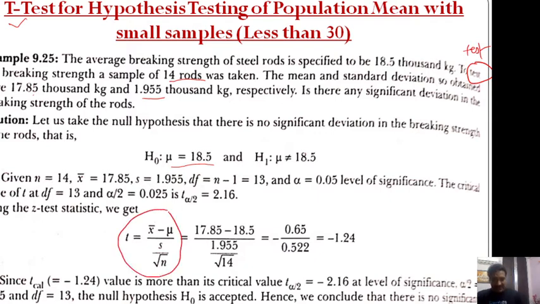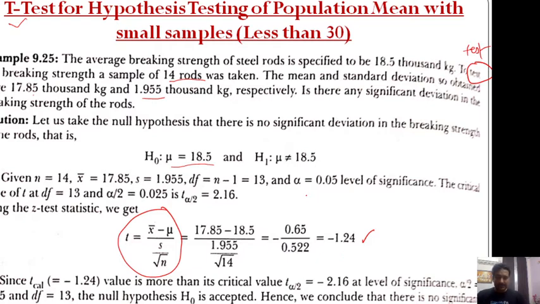It is very easy to solve. t is equal to sample mean minus population mean divided by the standard deviation from the sample. The standard deviation from the sample is always s upon root n, where s is your standard deviation, which is given as 1.955 thousand. So you calculated the value of t here as minus 1.24.